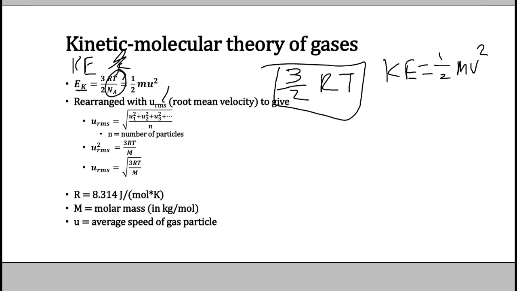All right, so whenever we take this term, we can plug in for the root mean square speed. We can have the square of the root mean square speed is equal to 3RT over M. Okay, so how do we do that?